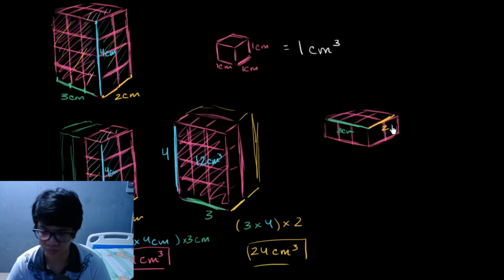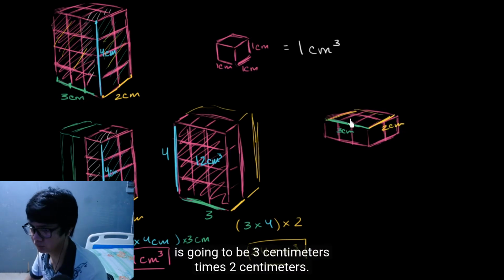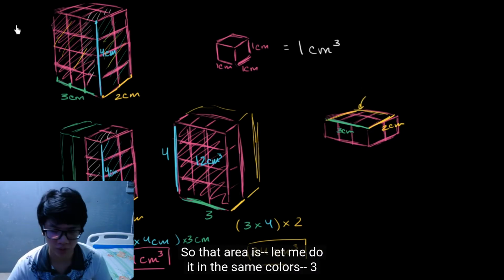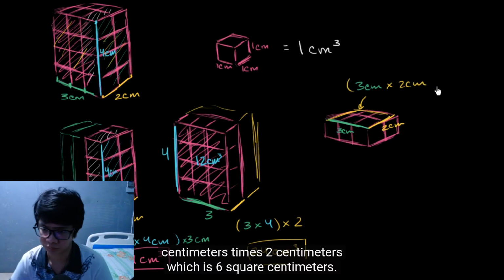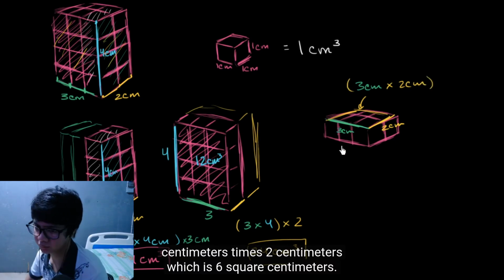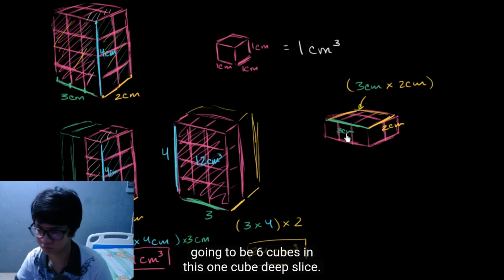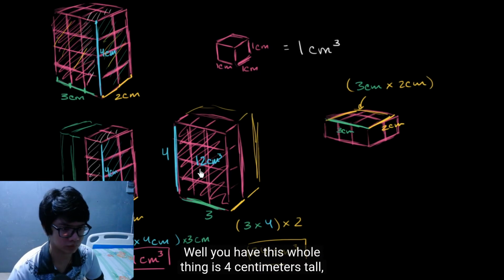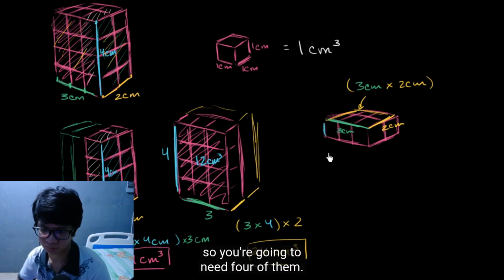So its area is going to be 3 centimeters times 2 centimeters, which is 6 square centimeters. And that also tells you that there's going to be 6 cubes in this 1 cube deep slice. But how many of these slices do you need? Well, this whole thing is 4 centimeters tall, and this is only 1 centimeter, so you're going to need 4 of them.